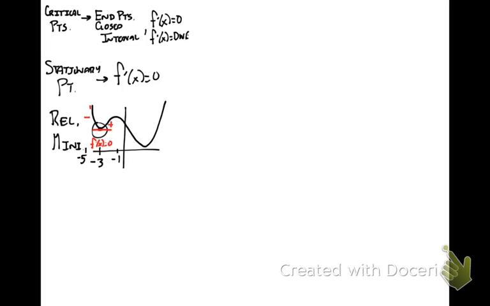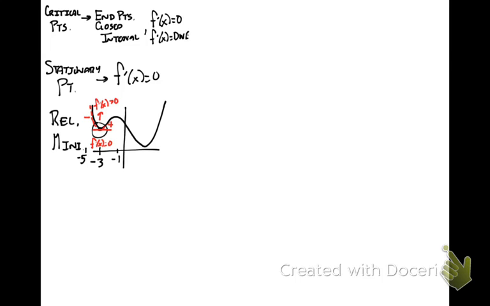The slopes of the tangents are negative before the minimum and positive after it. That's what happens at a relative minimum. The derivative switches from negative to positive. The other thing that's true at a relative minimum is the graph would be concave up, so the second derivative would have to be positive at that point.